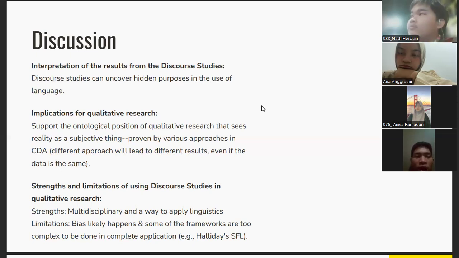In addition, approaches like CDA link discourse study to power, ideology, and social change, so it can bring linguistics to the surface. However, discourse studies also have weaknesses, such as bias and objectivity concerns, and some frameworks like Halliday's systemic functional linguistics are difficult to apply fully.